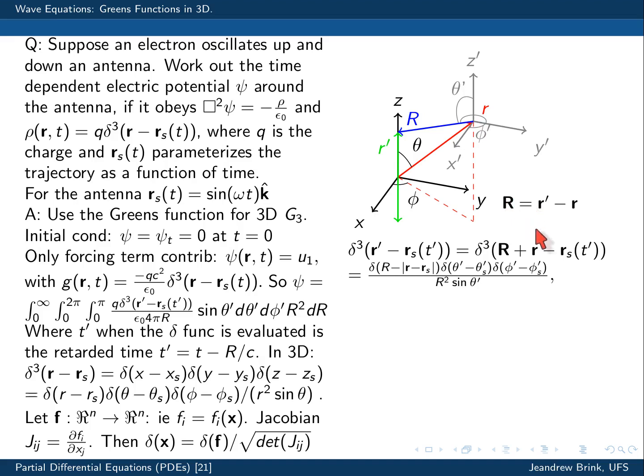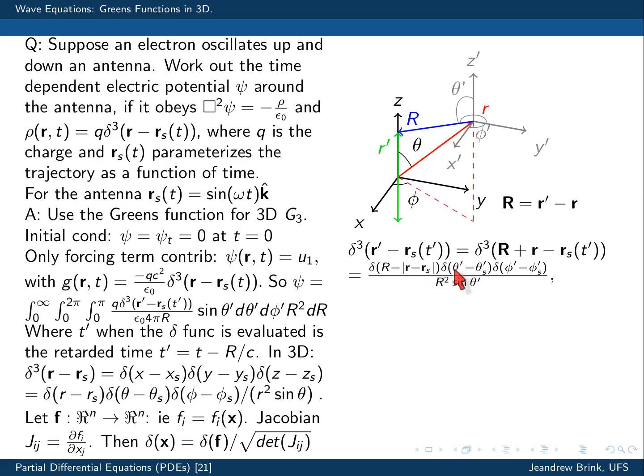Now let us simply rewrite this delta function as a delta function on our coordinates in the prime system. There we have that r minus this norm of r minus rs must be equal to 0. In other words, r must be such that it lies along this line, depending on what time rs is evaluated at.